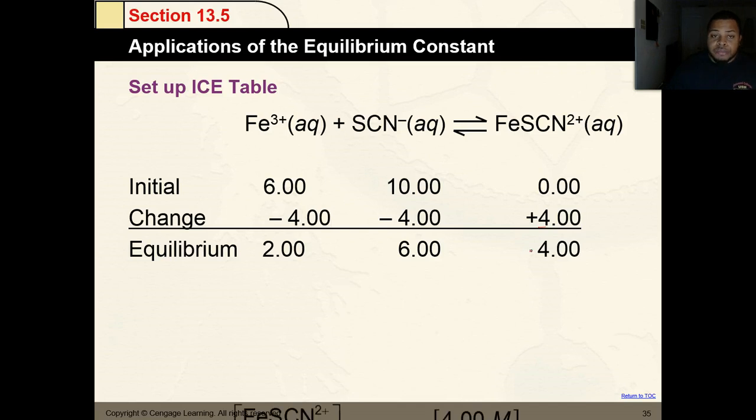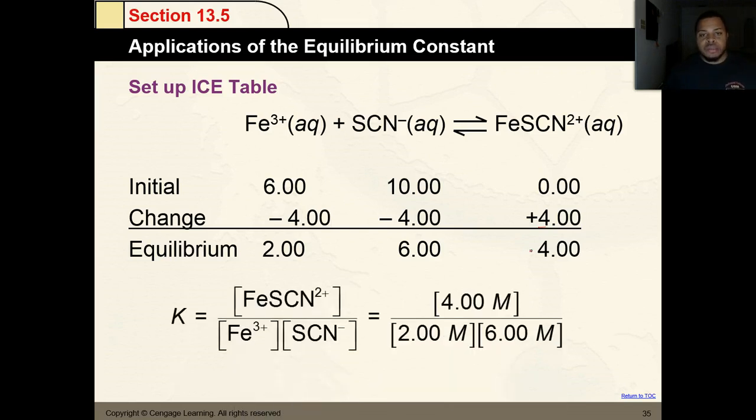That's going to be our K. So, plugging in our values, the concentration of iron thiocyanate, 4 molar, over our iron 3, 2 molar, times the concentration of our thiocyanate, 6 molar, and then just plug it into your calculator and solve. You should come out with an answer of approximately 0.33.